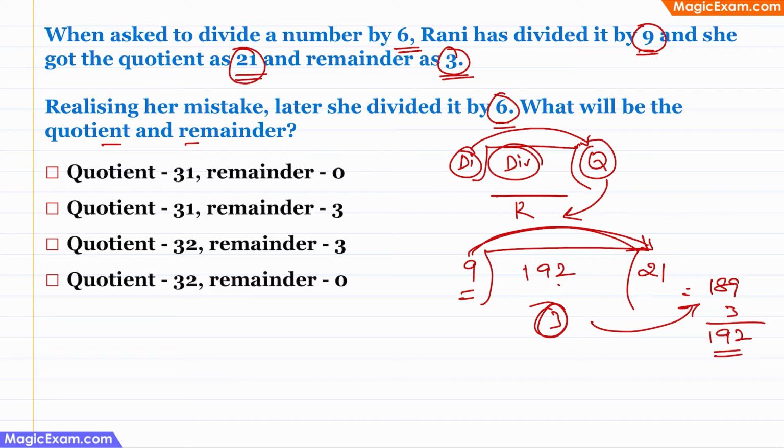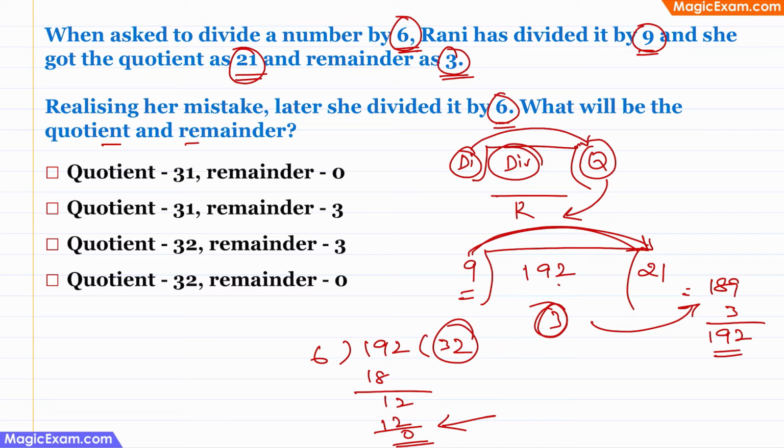Now Rani correctly divided the number by 6. So if we divide 192 by 6, we get 6 3s are 18 and 6 2s are 12 and 0. Therefore, the quotient is 32 and the remainder here is 0. Therefore, option 4, which says quotient is 32 and remainder is 0, is the correct answer.